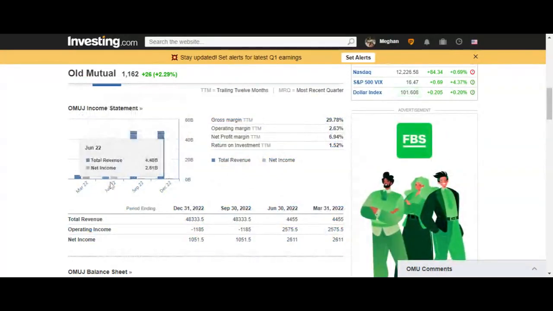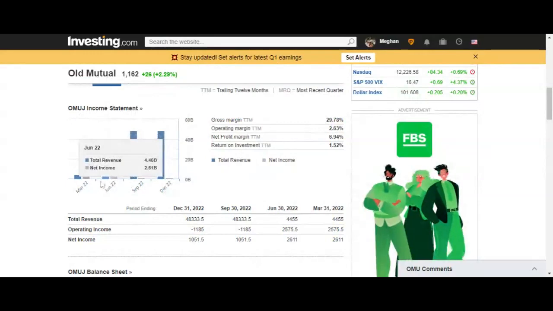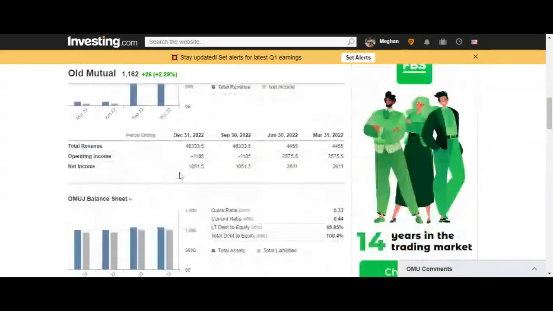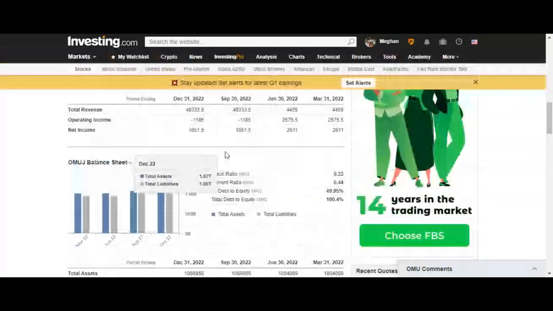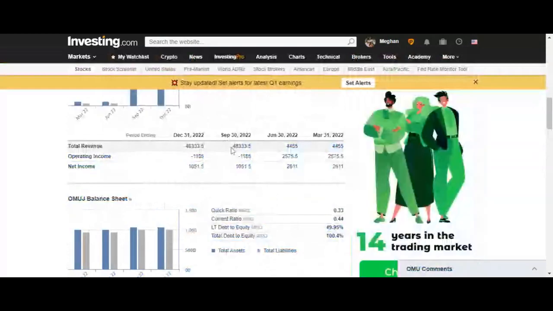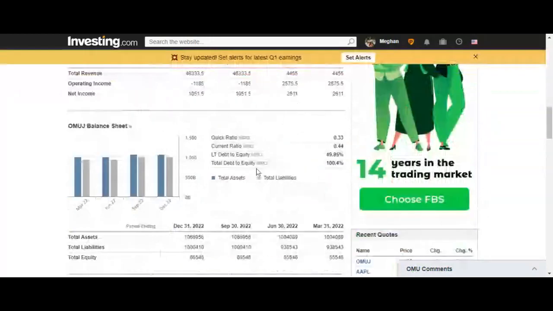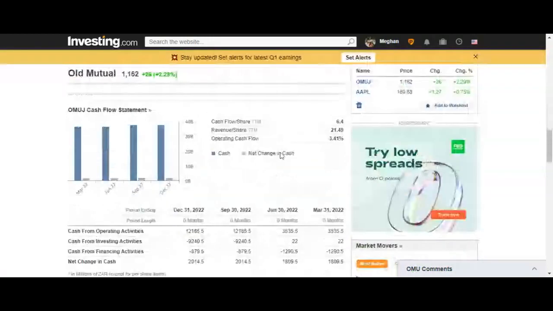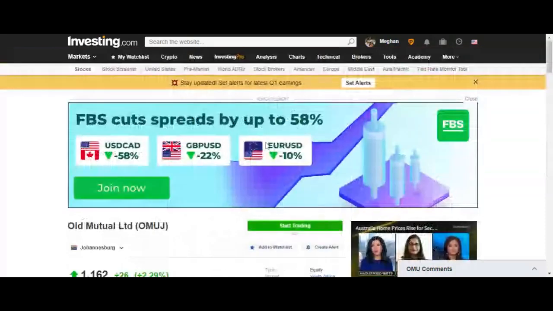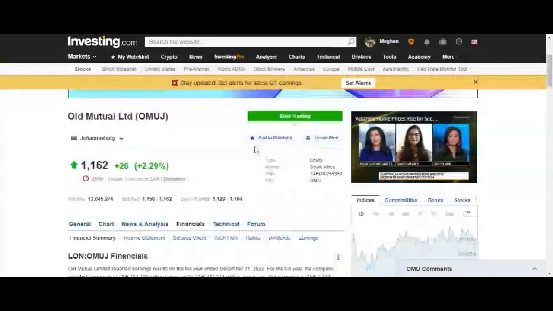You can see the income statement running as we go through time, so you can get a sense for how things have been over time. These financials are presented in a linear fashion. Just every 3 months to 6 months, they release an update.